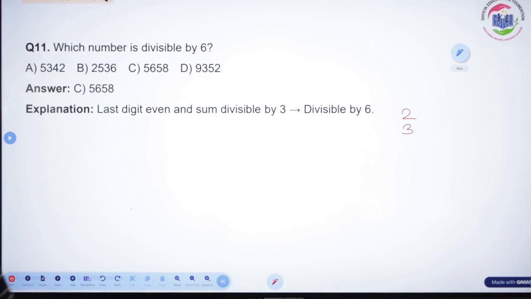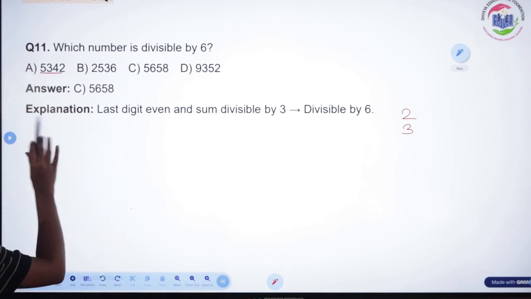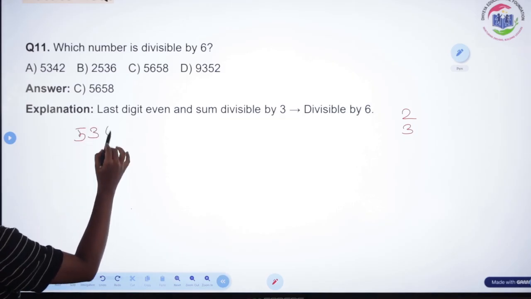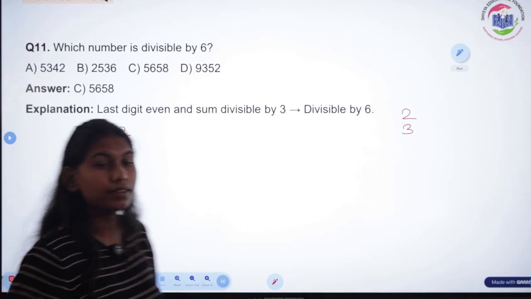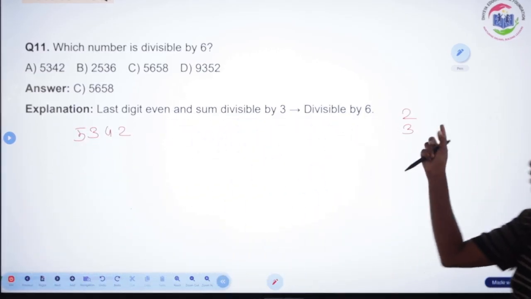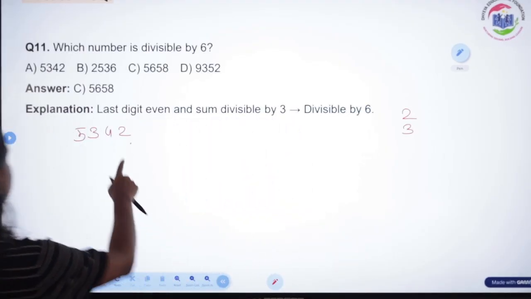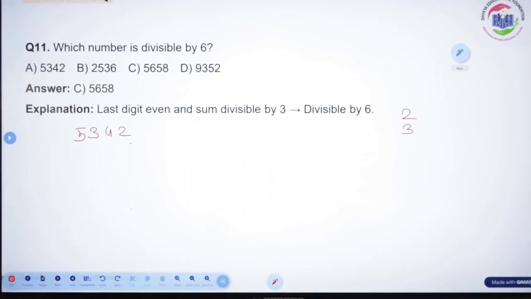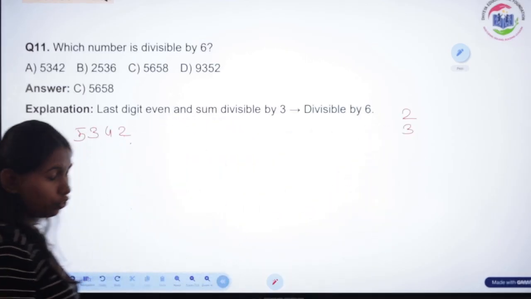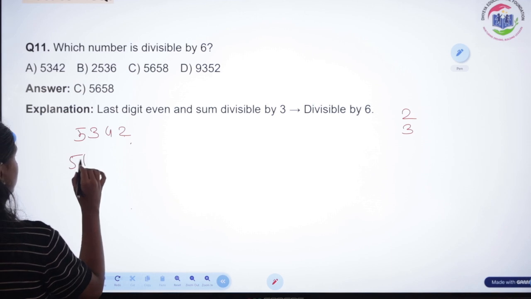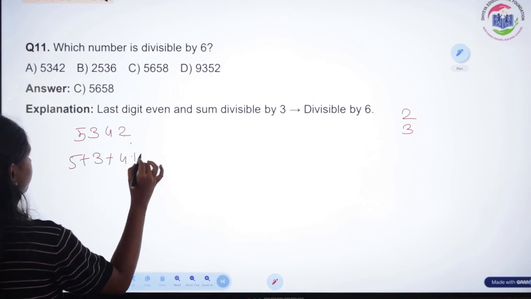Now, taking the first number, 5, 3, 4, 2. How will you check whether this number is divisible by 2 or not? The last digit should be even. Here the last digit is even. Now how will you check whether it is divisible by 3? You have to add the digits: 5 plus 3 plus 4 plus 2.